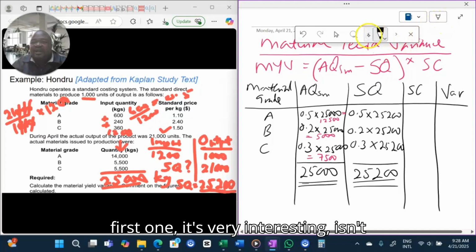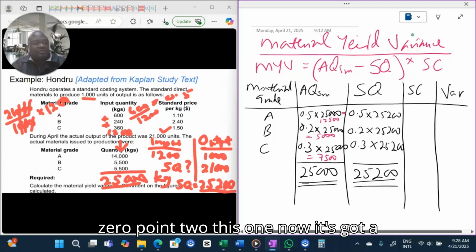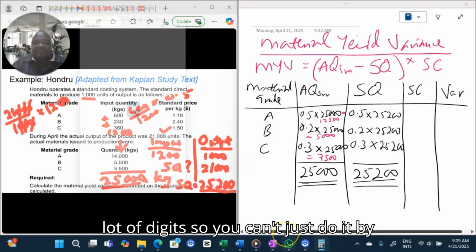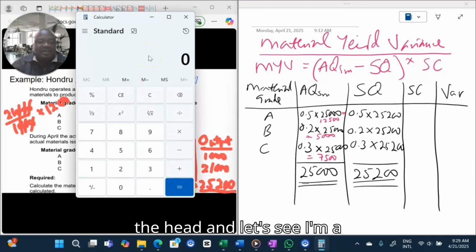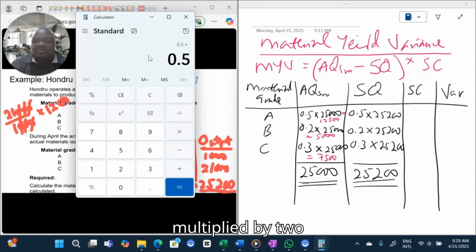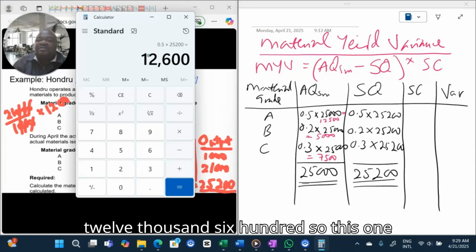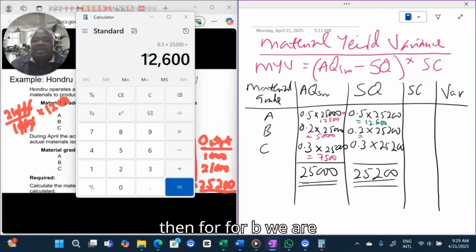It's got a lot of digits, so you can't just do it by head, unless you're a mathematical genius. So 0.5 multiplied by 25,200, that's 12,600.